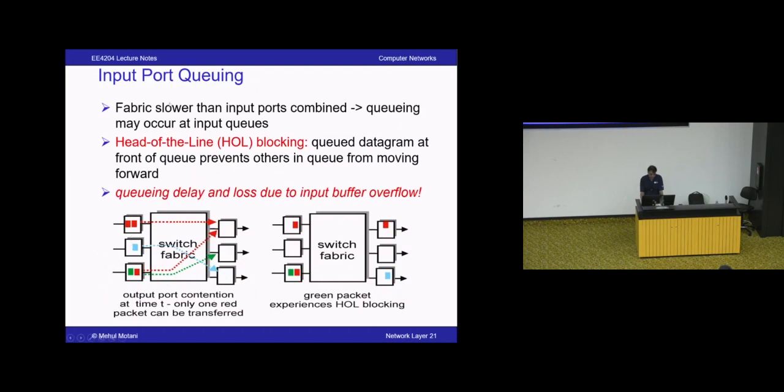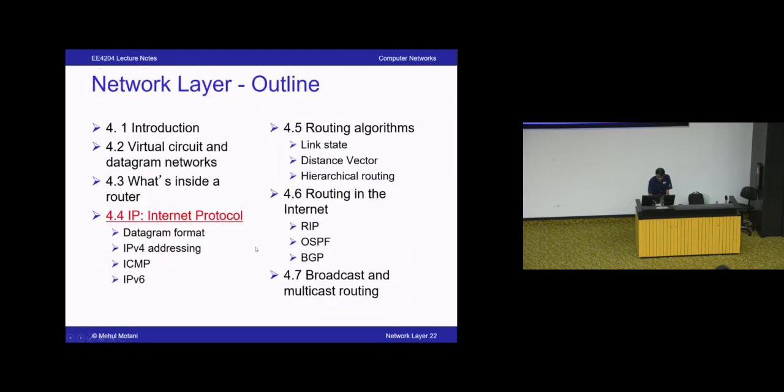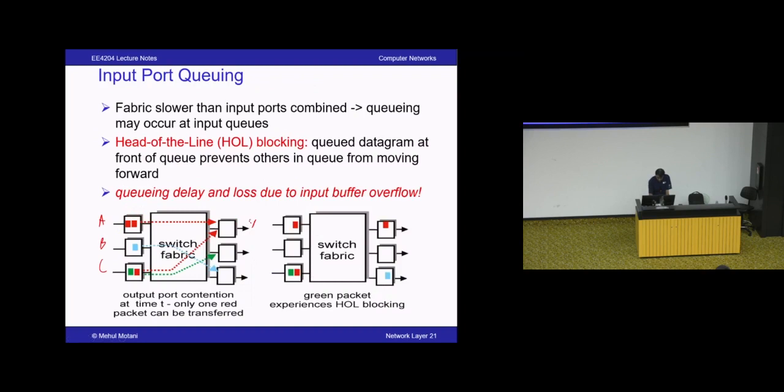But this is something that's kind of new. You can have queuing at the input port due to strange things like head-of-line blocking. So for example, here I have 3 input ports and 3 output ports. And let's say that, so I think this was ABC before? This is X. Right?